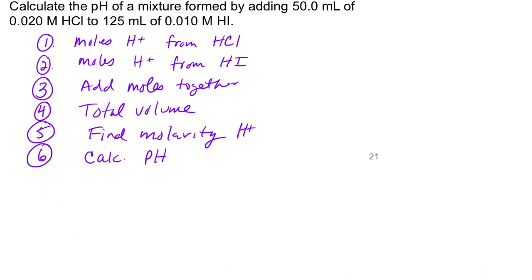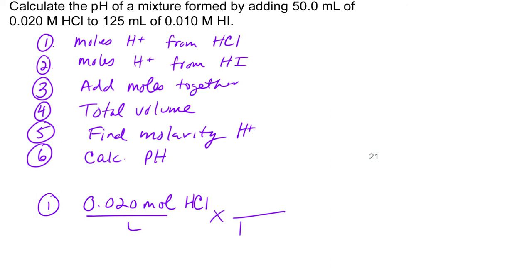Should we work it? Or do you guys feel like you could do this at home? All right. Okay, so let's take, from our HCl, we have 0.020 moles per liter of HCl.